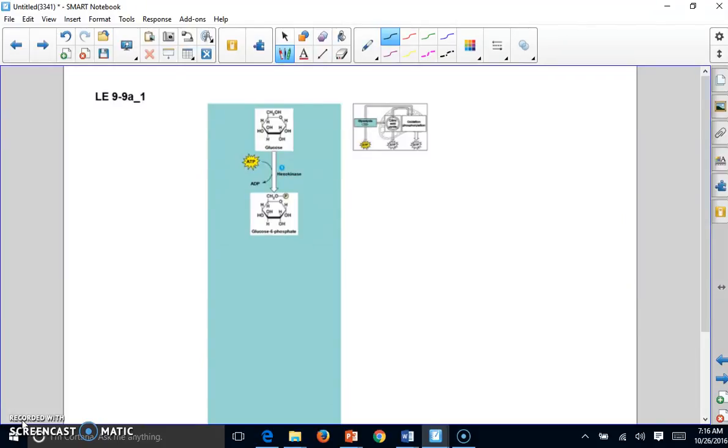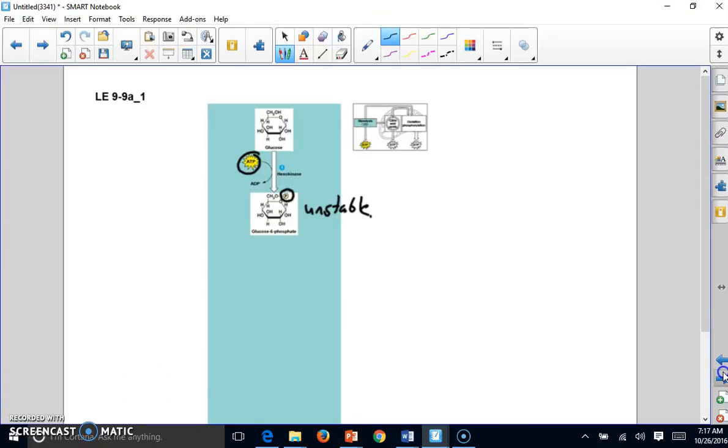The first thing that happens is that ATP is used to add a phosphate group to the molecule. The molecule was glucose and it becomes glucose 6-phosphate. The reason it's 6-phosphate is that the phosphate was added to carbon 6. The carbons are numbered. This makes the molecule unstable. That's the point of doing it: adding that phosphate group made the molecule unstable.